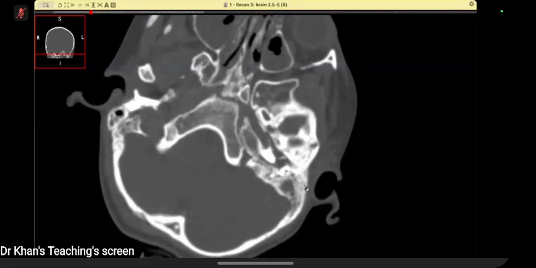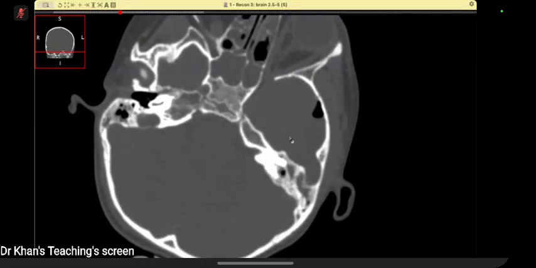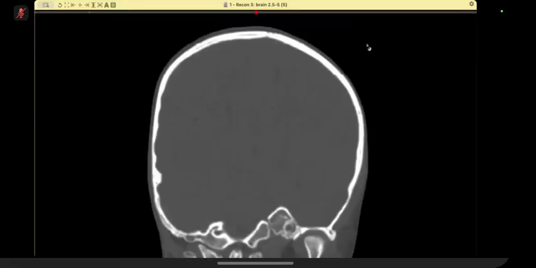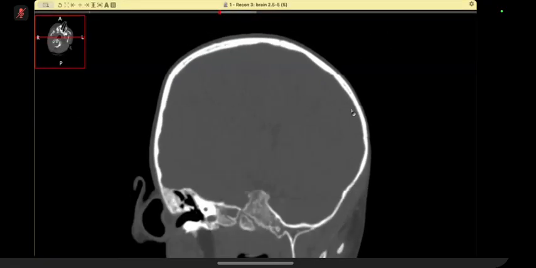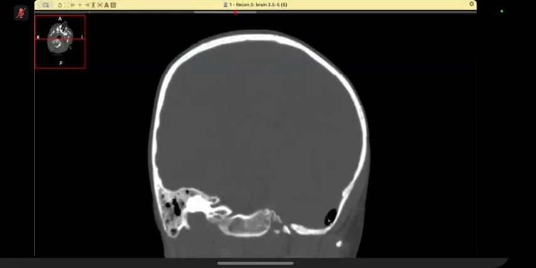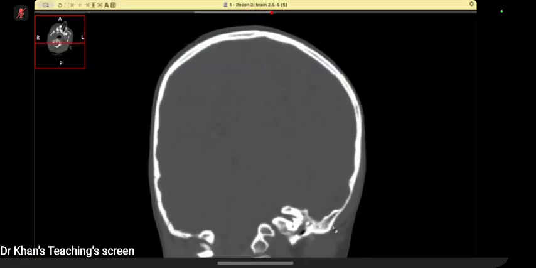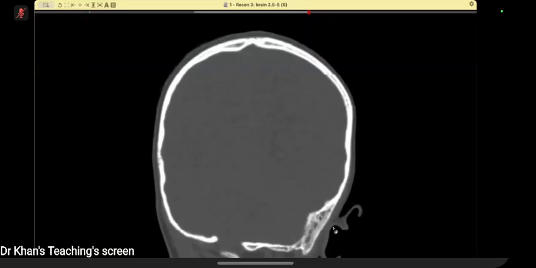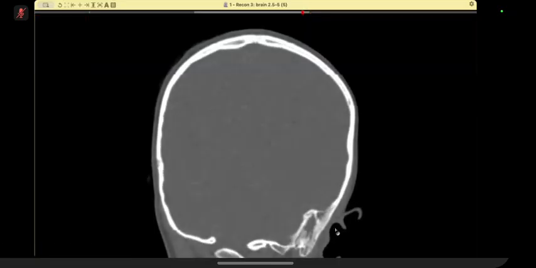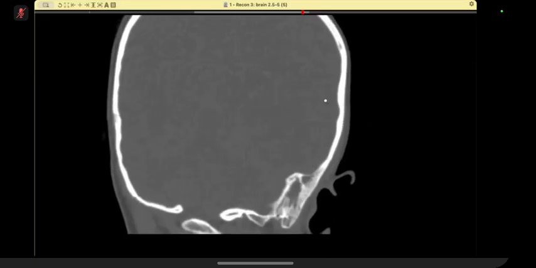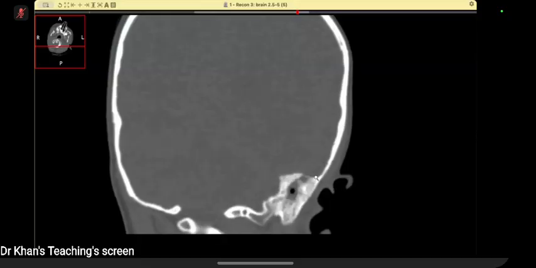Coronal is a good one. You have to ask for coronal so that erosions, etc., you will see particularly very well. So, of course, we knew that there is an air bubble. And here, the candidate did well, mentioning suspicion of dehiscence.